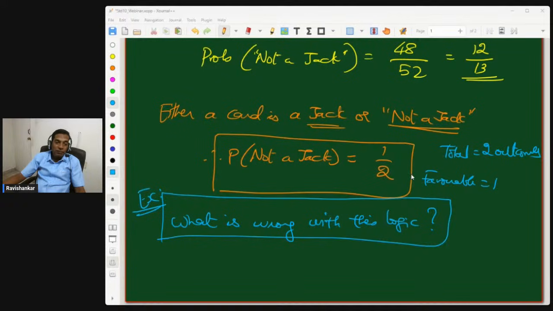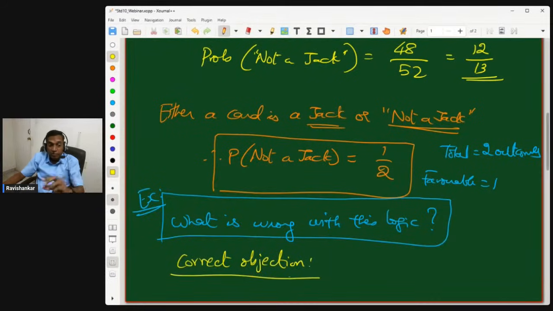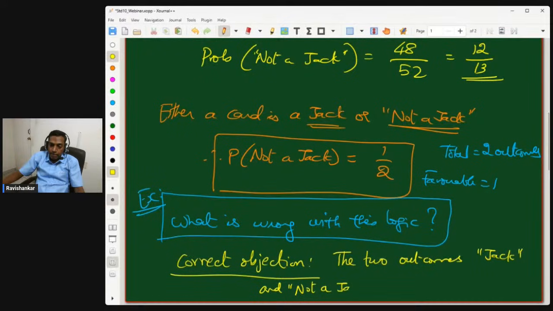Okay, so many people have said, sir, you have not looked at 4 jacks, etc. But that's not the correct objection. The correct objection to this method, see, this is not going to be asked in your board exam. This is not important from the board exam perspective, but for you to understand, the correct objection is the two outcomes, jack and not a jack, are not equally likely. Therefore, you cannot apply the probability formula at all.